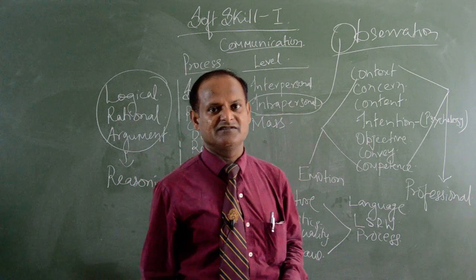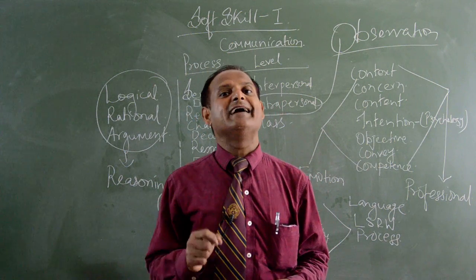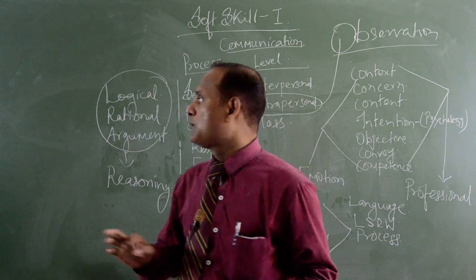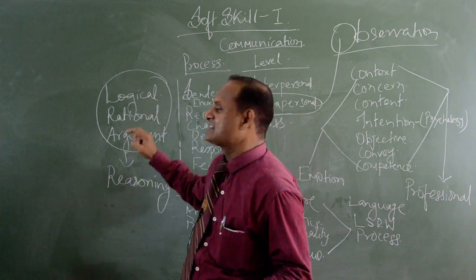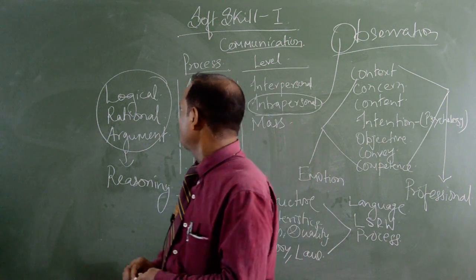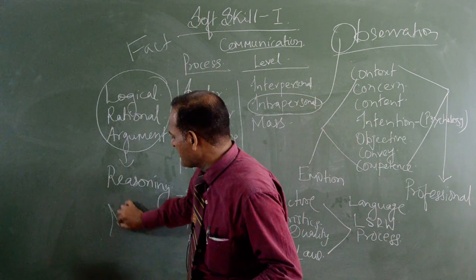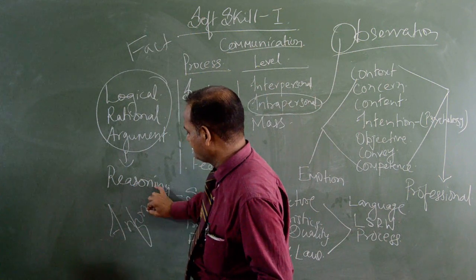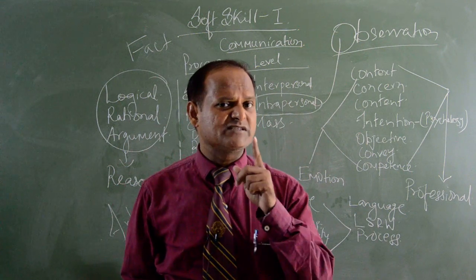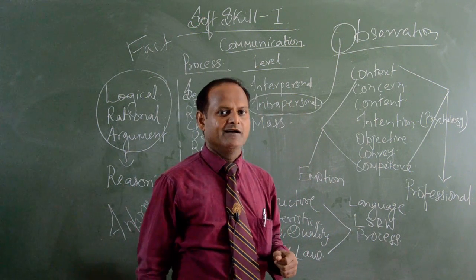Coming down to the intrapersonal, if you have good observation skills, then you will automatically come to know what is right, what is logical, what is rational, what is proper reason-based fact, what is proper reason-based information. And if you are able to decide what is fact, what is information, and what is rational, reason-based, then what would happen?